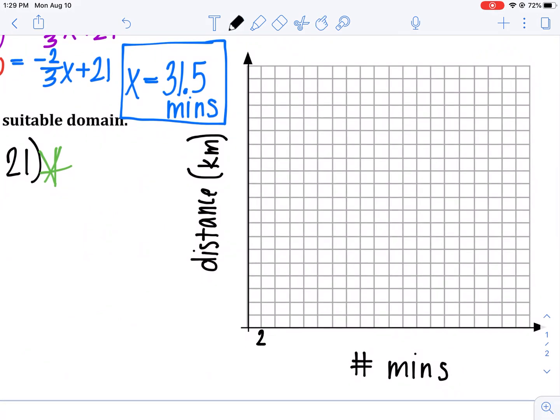So it's 2, 4, 6, 8, 10, 12, 14, 16, 18, 20. Okay, and I'll do the same thing for my y. You don't have to do it this way. You can actually go every other one, but something reasonable so you can see the graph. 2, 4, 6, 8, 10. I actually probably could have gone by ones, but that's okay.